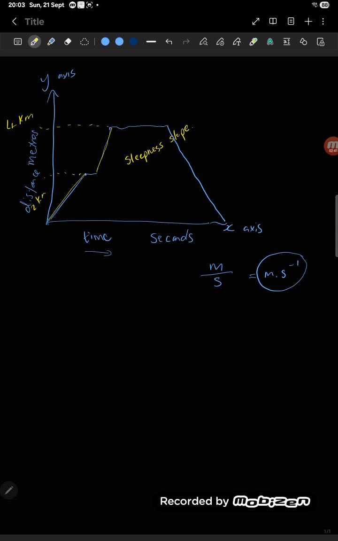I want to be realistic and say, if it took me 20 minutes to do 2 kilometers over here, and then I did nothing, so maybe 20 minutes, and then from here to do another 2 kilometers took me 15 minutes. What would you say was happening to my meters per second? The rate of my meters per second, can you see it took me shorter? And so the rate at which I was traveling changed.